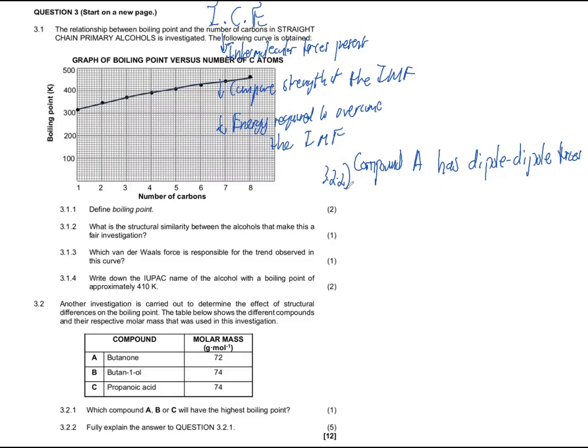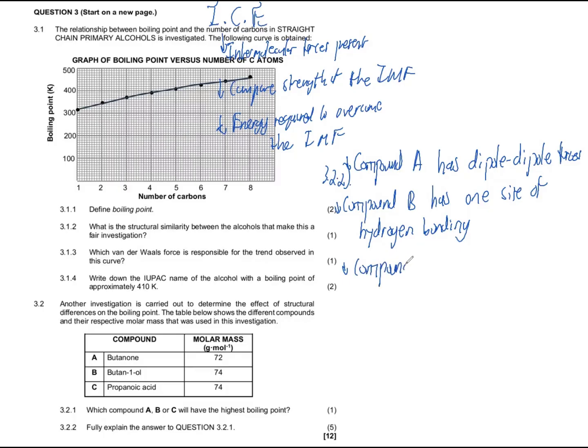And then compound B has 1 side of hydrogen bonding. And then compound C, which is a carboxylic acid, has 2 sides of hydrogen bonding.